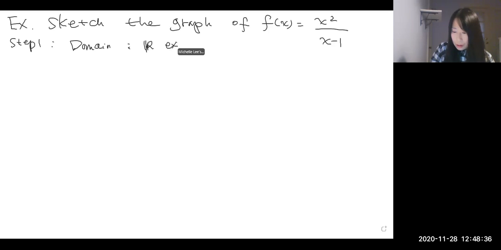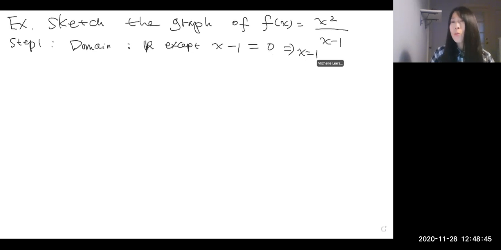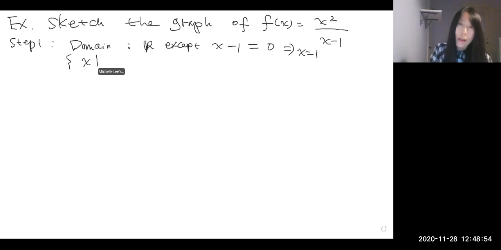But the denominator is not equal to 0, right? So x equal to 1 gives undefined. Let me add set notation: x such that x cannot be equal to 1, okay?